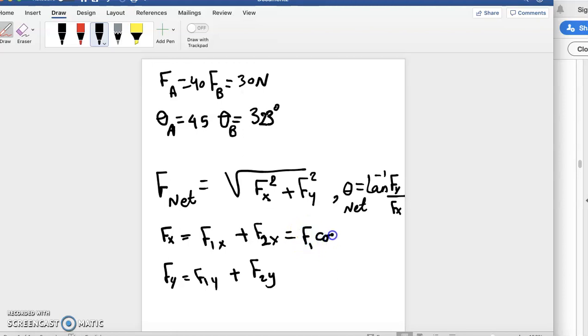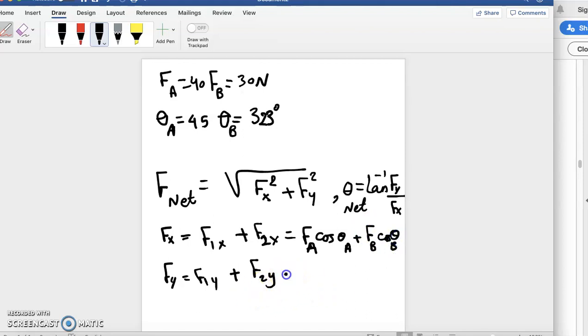say it is, and blindly, FA cosine theta A plus FB cosine theta B, great.